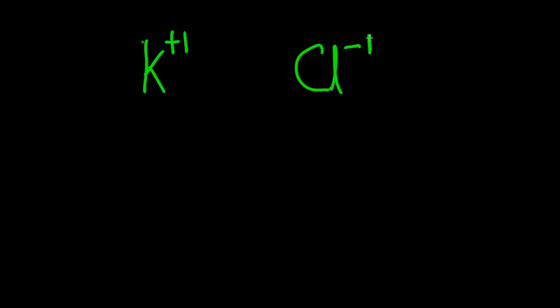Now that we have potassium +1 and chlorine -1, we can crisscross the superscripts and turn them into subscripts. So we're going to take this and bring it down here, and we're going to take this and bring it down. All we're doing is crisscrossing.